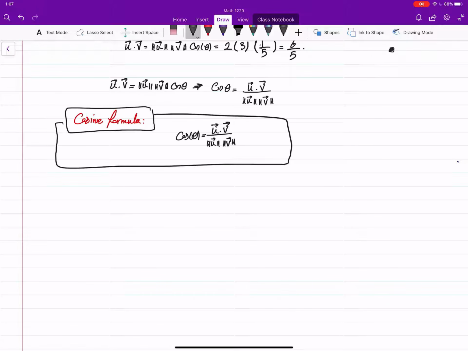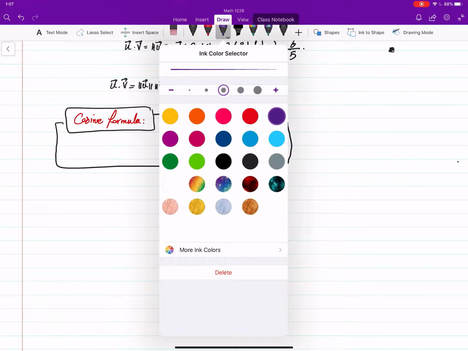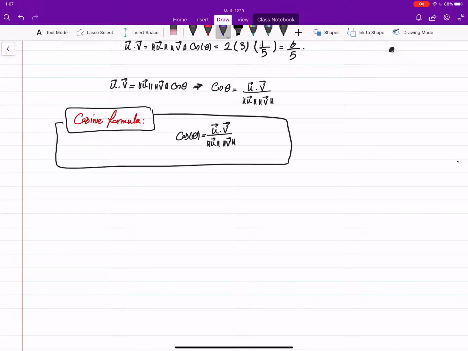Before this we didn't have any such formula. We could not reach the cosine of the angle between two given vectors. Now we can.